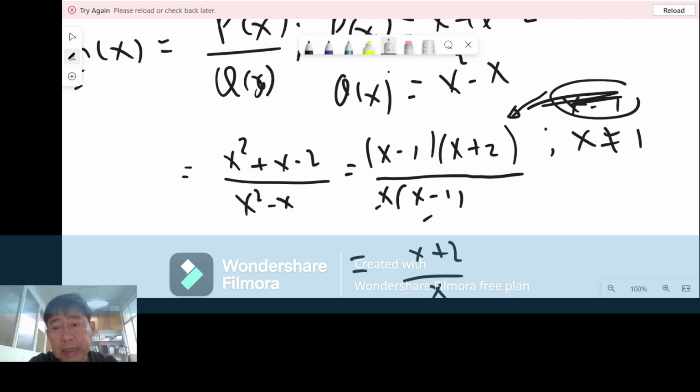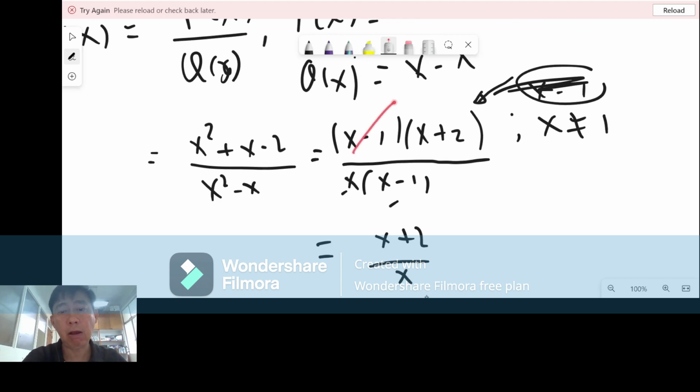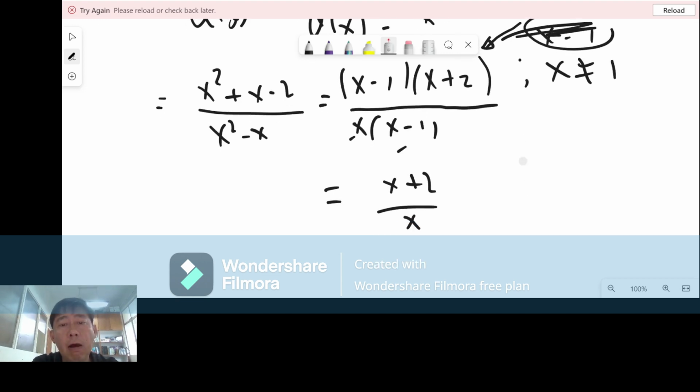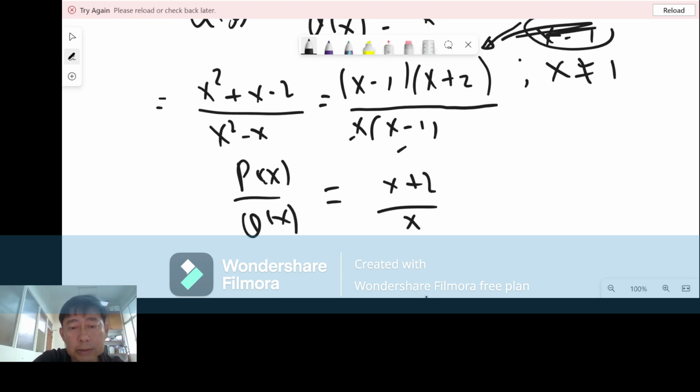Due to this, you can cancel off x minus 1 upstairs with x minus 1 downstairs to arrive at this statement. Once you have cancelled off the factor of x minus 1 upstairs and downstairs, the ratio of p over q is now x plus 2 over x.